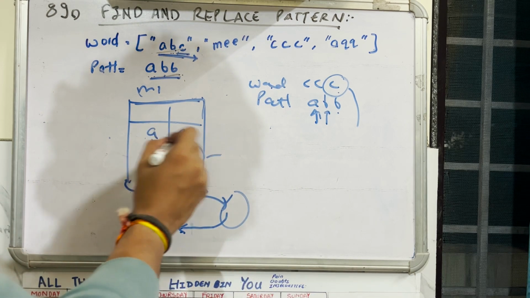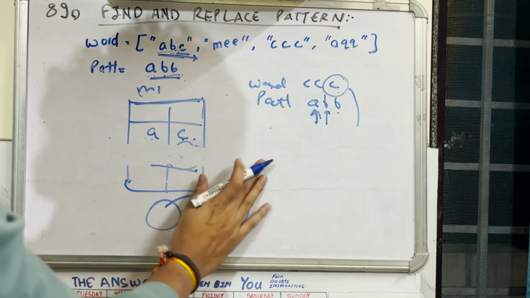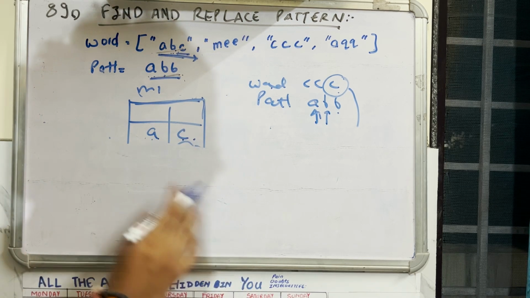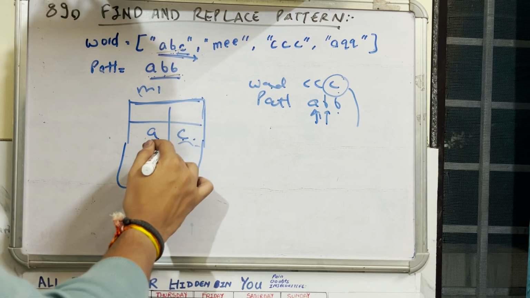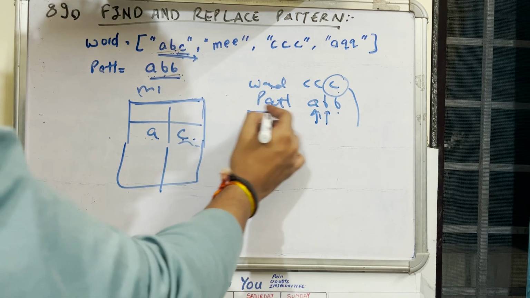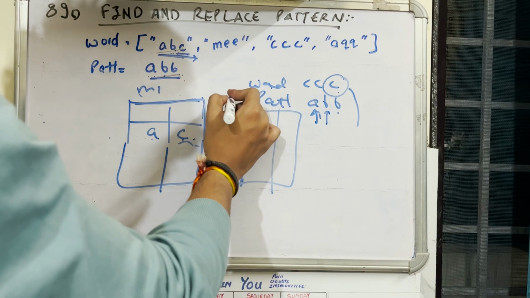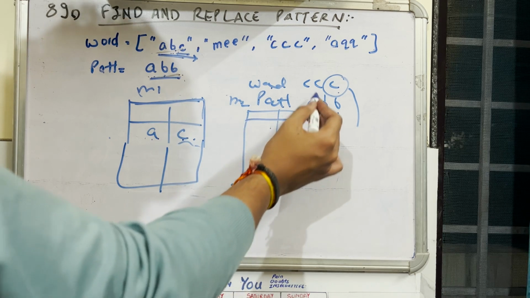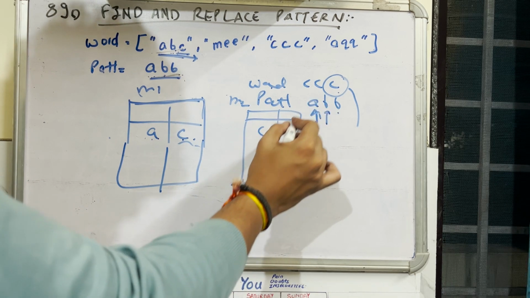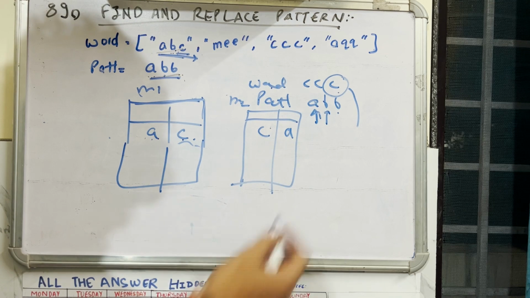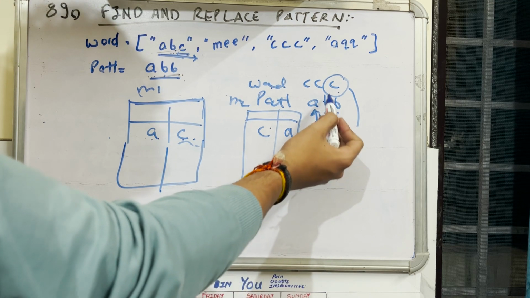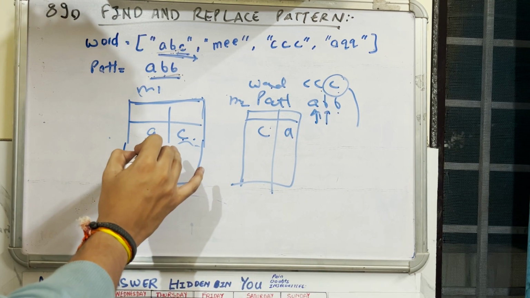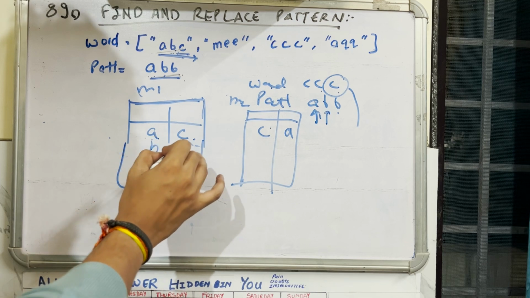So you will map A with C, then oppositely you have another map M2, where the key will be C and the value will be A. Then again you insert B and C. Here you can insert easily since nothing is matched with it.